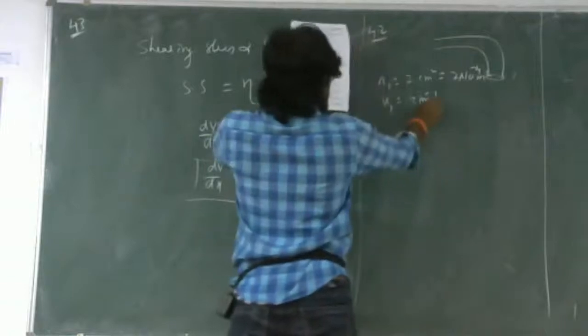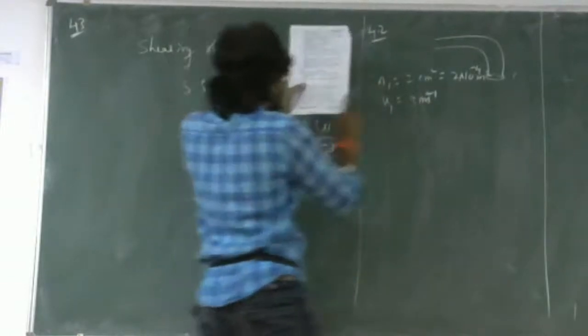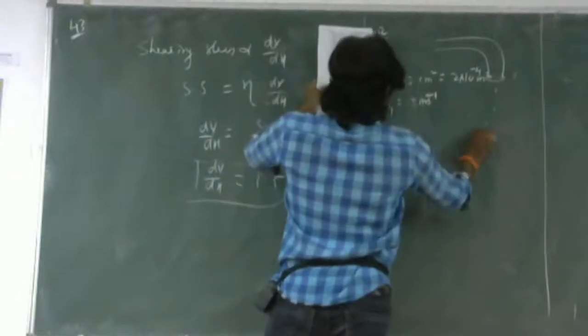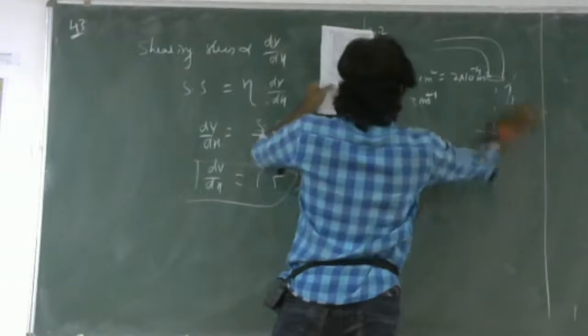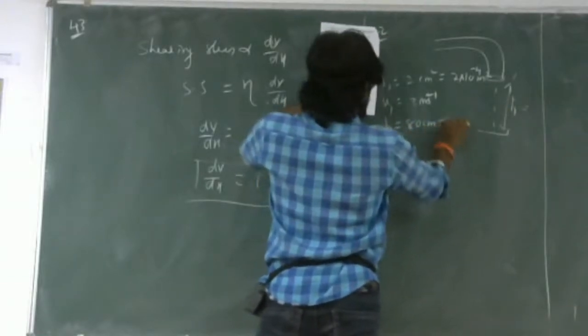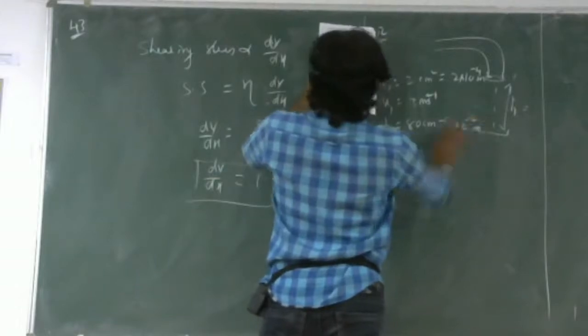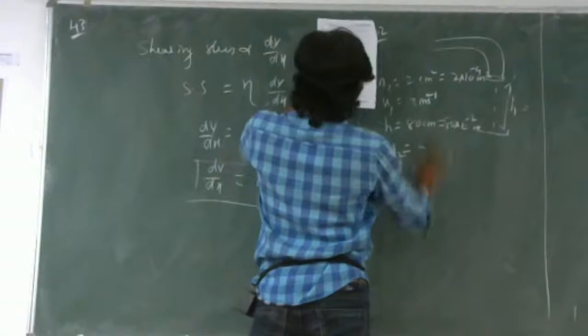Then the water column is 80 centimeter below, so h is equal to 80 centimeters, which is 80 into 10 to the power minus 2 meter. What is the area A2?